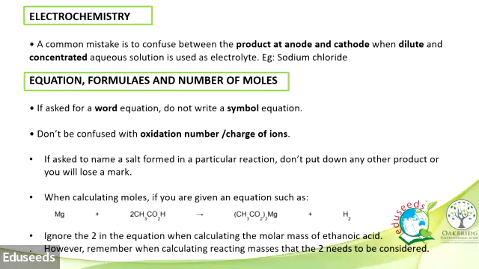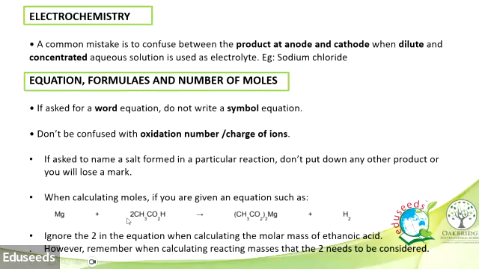Next one, when you're calculating moles and you're given an equation such as the following: magnesium plus ethanoic acid gives magnesium ethanoate plus hydrogen gas. You should ignore the 2 in front of the formula of ethanoic acid when you are calculating the molar mass of ethanoic acid.